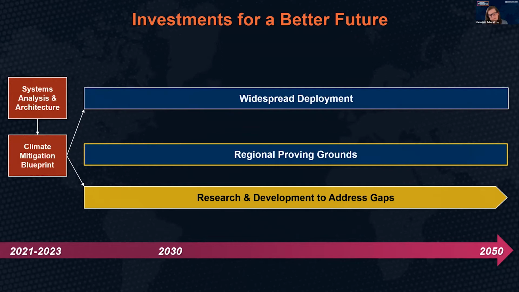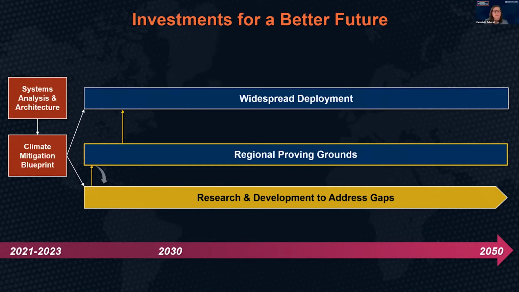And proving grounds, the regional proving grounds, are going to be a very important part of this toolkit. They're critical to supporting the development and evaluation of these new technologies and capabilities, demonstrating that they work under real world conditions, and driving further investments needed to scale up. This is an ongoing and iterative process.